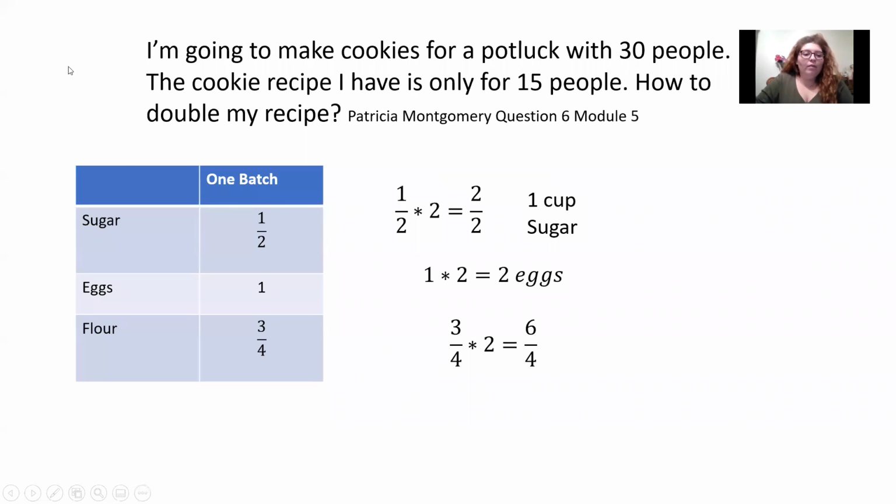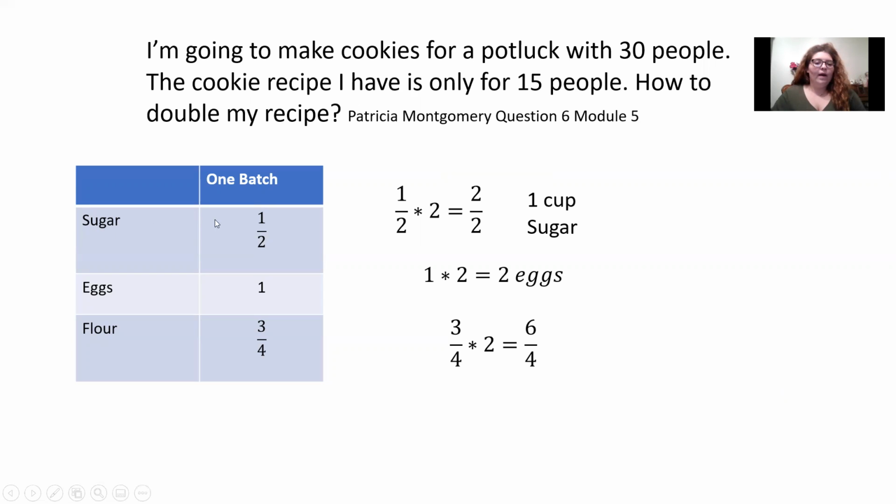So this has probably happened to you at some point or another, and it happened to me just a couple weeks ago for the holidays. So I'm going to make cookies for a potluck with 30 people, but the cookie recipe I have is only for 15 people. So how do I double my recipe? Well, given that for one batch, we need 1/2 cup of sugar, so we're going to do 1/2 cup times 2, which is 2 over 2, which we know we can simplify to just 1 cup of sugar.